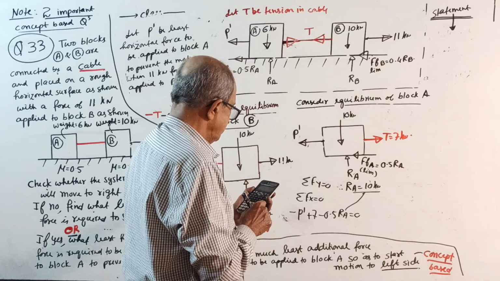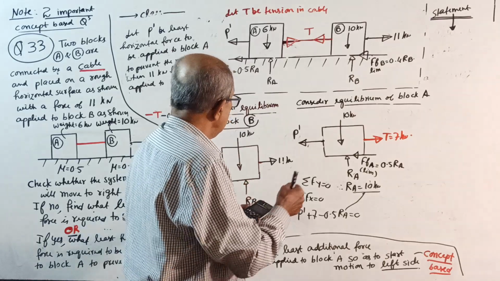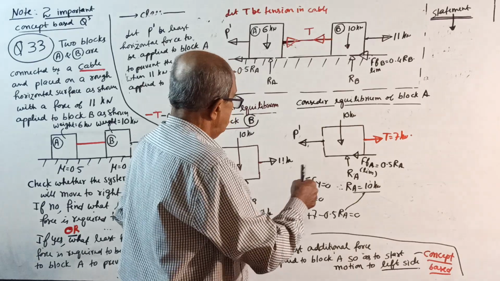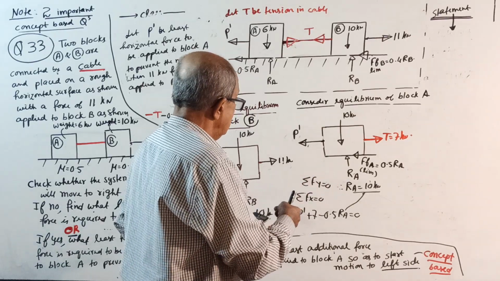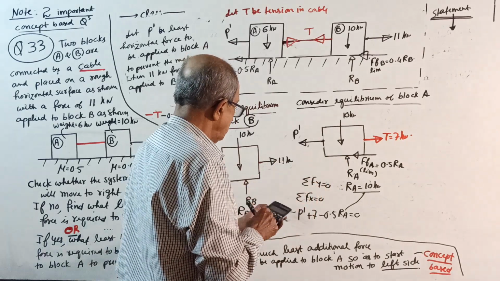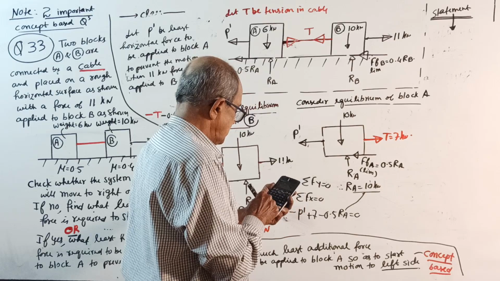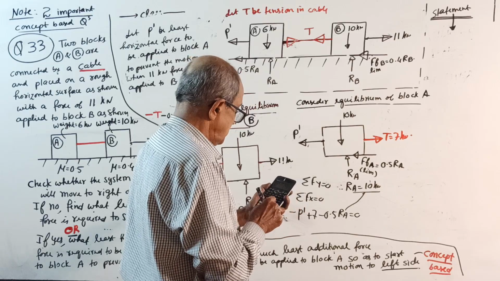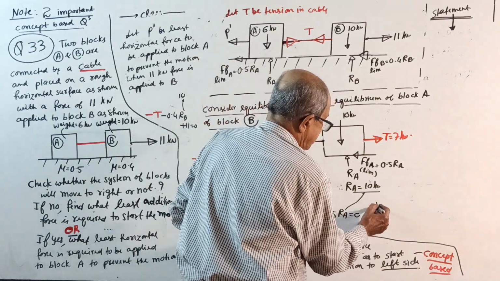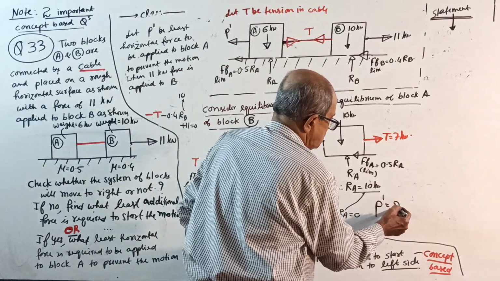If it is 5, correct answer. Minus P dash minus 0.5 RA plus 7 equal to 0, correct? Okay, therefore, your P dash will come 7 minus 0.5 into 10, which gives 2 kilonewton. Your P dash will come 2 kilonewton.